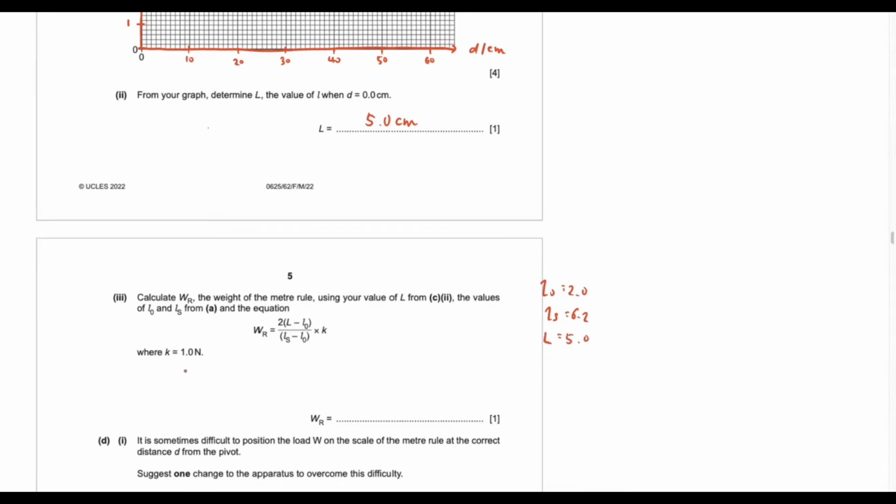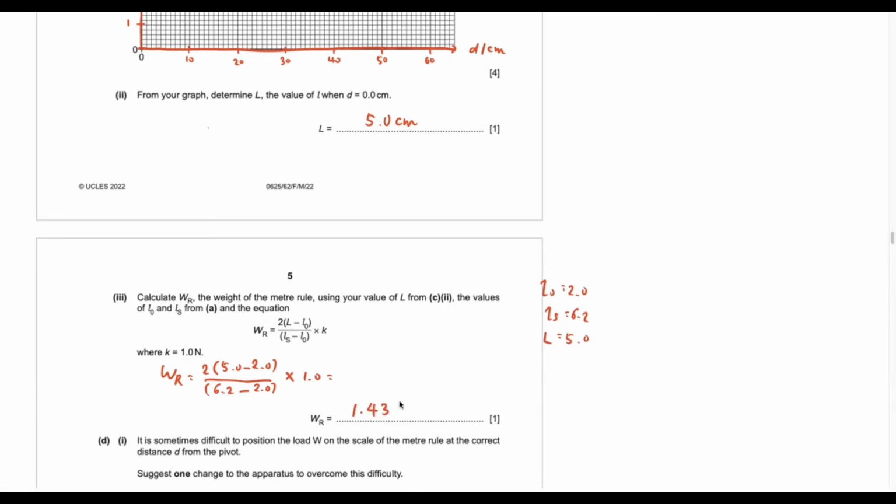Okay, we substitute. WR equals 2 times (5.0 minus 2.0) over (6.2 minus 2.0), multiply with 1.0. Then we just press the calculator. 2 times 3 over 4.2. What I get here is 1.43.